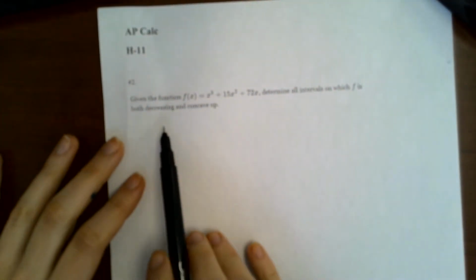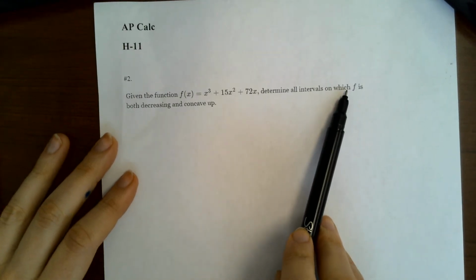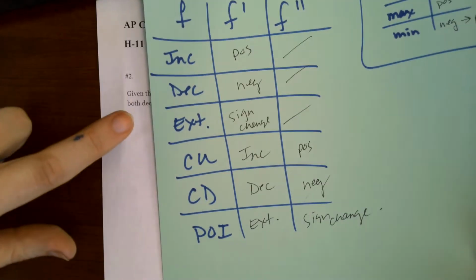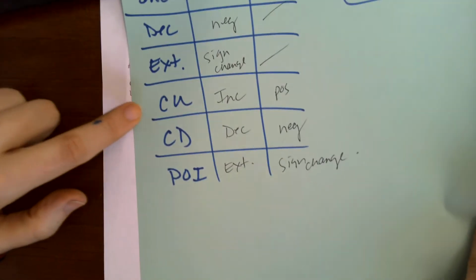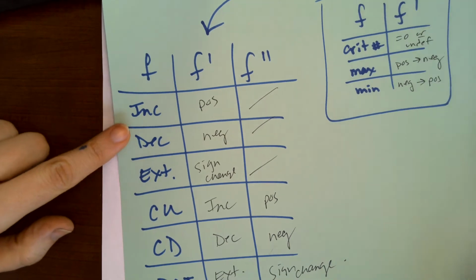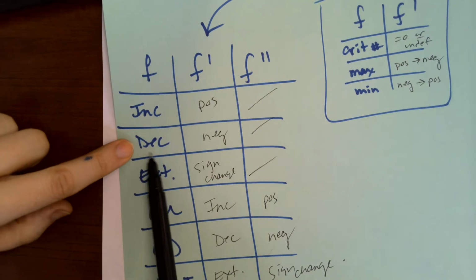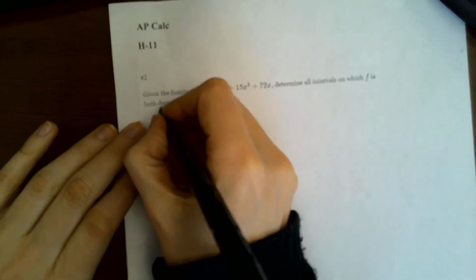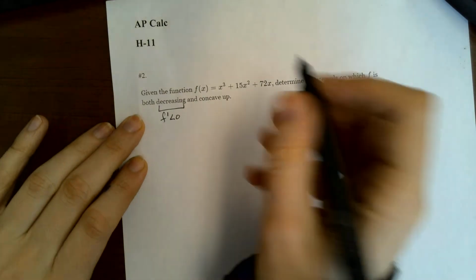And then we're going to do this problem. Okay, so we want this function f. We want to find all intervals where it is both decreasing and concave up. So whenever you're making these determinations, guys, you want to think about signs, positive or negative. So f decreasing would mean f prime negative. So we want f prime to be less than 0.